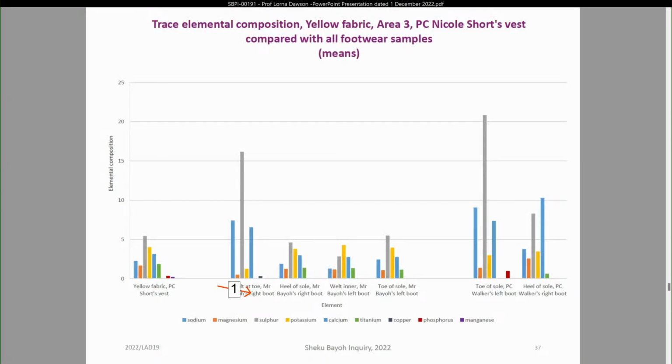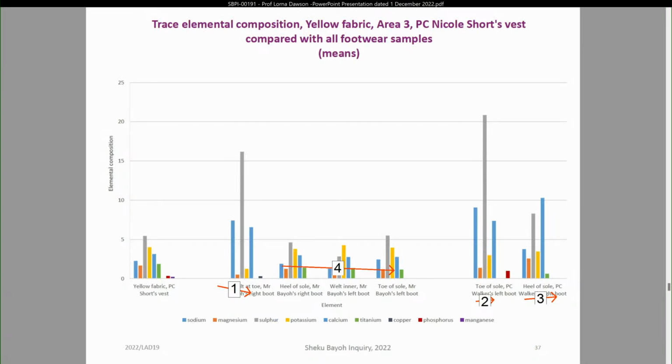It just simplifies that profile so that you can see that this sample can be excluded because it is different to that of the yellow vest on the left, and these two are different. So they've got a different profile, and different relative amounts of several of the elements present in those samples.